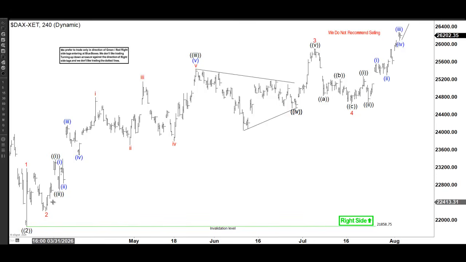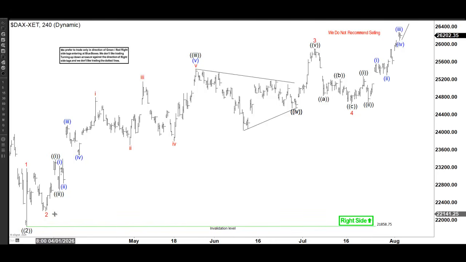From there, we see how the DAX is starting to extend. And we got in blue 1, 2, 3, 4. Then in lesser degree 1, 2, 3, 4, 5. From here up to here, we got 1, 2, 3, 4, 5 waves in blue.